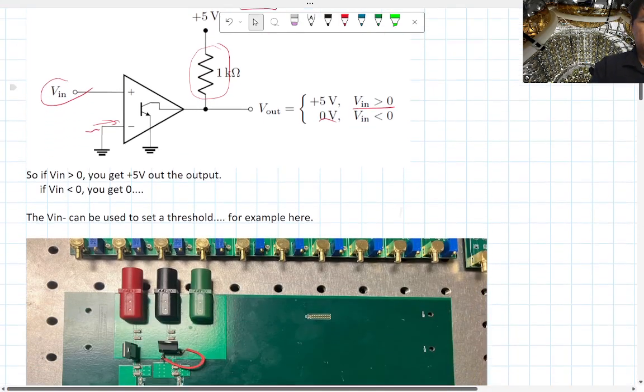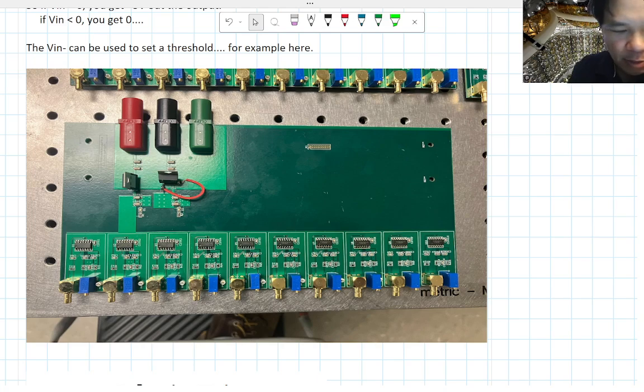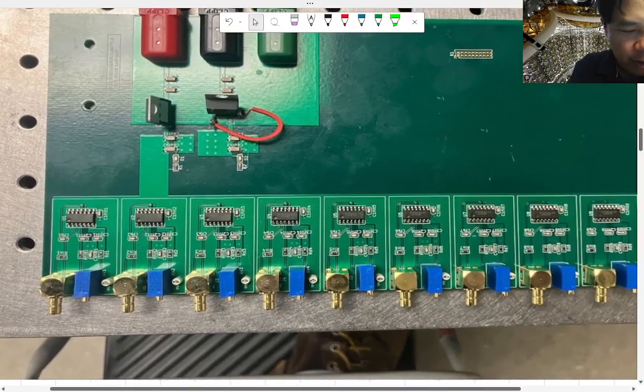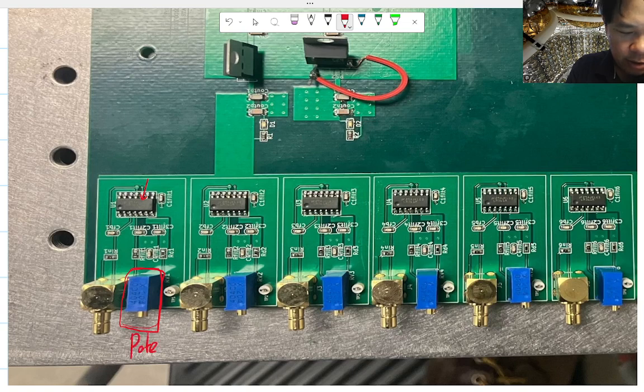In fact, this is what we do on our neutrino experiment. You can see the board here. I probably should have zoomed into one of these and shown you. These are LM411, a slightly faster version of these comparators. And this thing here, I think you have this version of it, is a potentiometer.